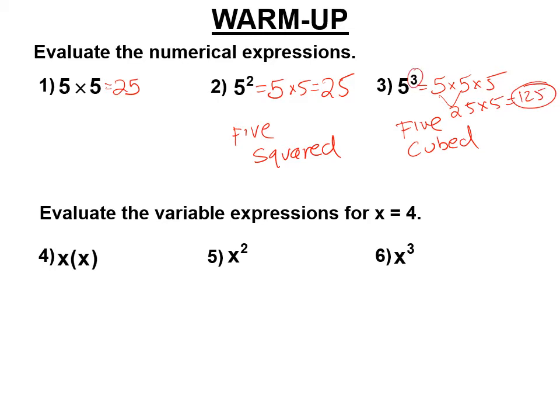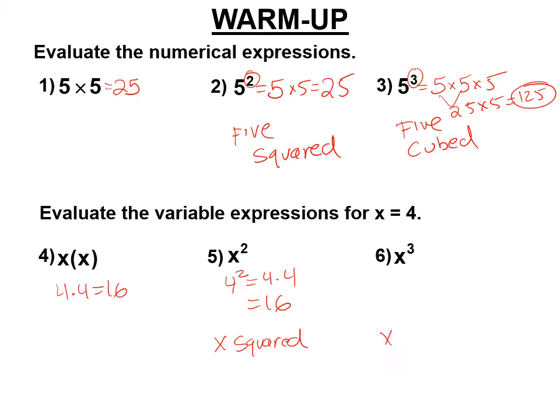We're also going to do exponents. So these little numbers are called exponents. They tell you how many times to multiply the base number, the big number, by itself. So this is 4 times 4, which is 16. This we're going to say is x squared, and we would say that as 4 squared. 4 squared is 4 times 4, also 16.